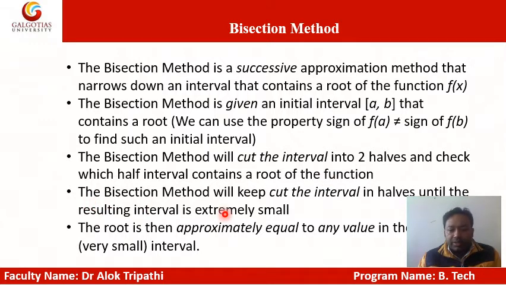The bisection method will keep cutting the interval in halves until the resulting interval is extremely small. It means we have to apply the bisection method until we get our root of desired accuracy. The root is then approximately equal to any value in the final, very small interval.